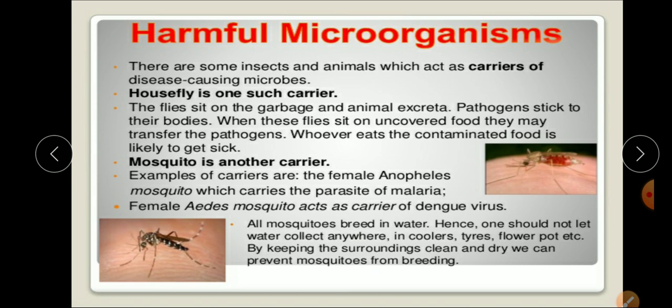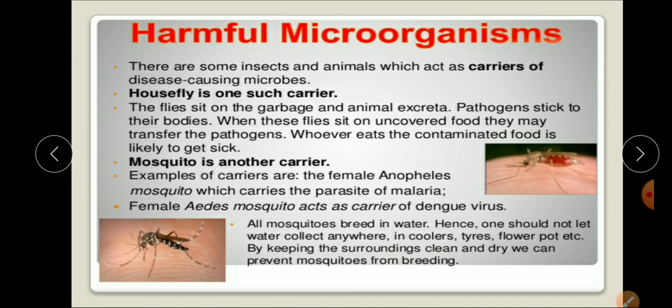Even in coolers, tires, flower pots, etc. By keeping the surroundings clean and dry, we can prevent mosquitoes from breeding. This mosquito season is there right now, the rainy season, because in rainy season water can collect anywhere. We are also not aware of that.